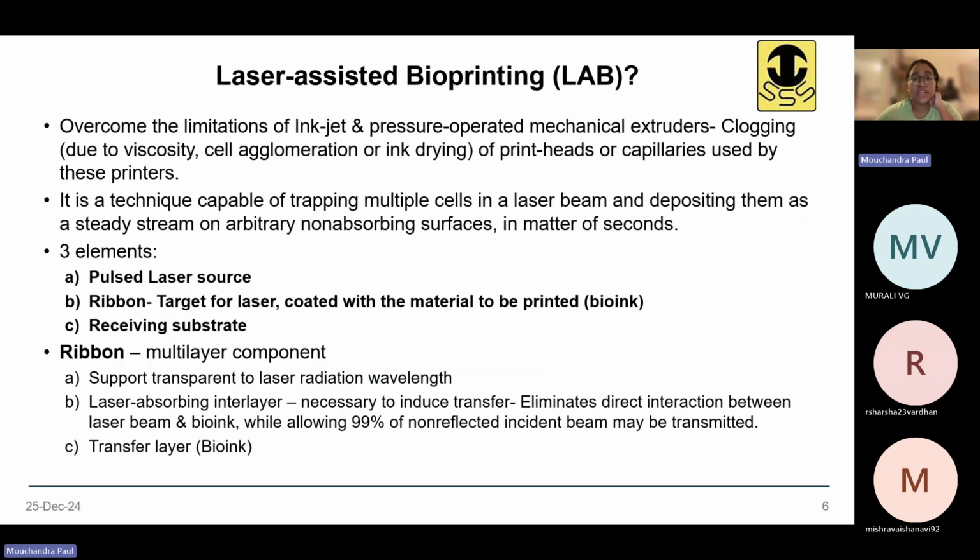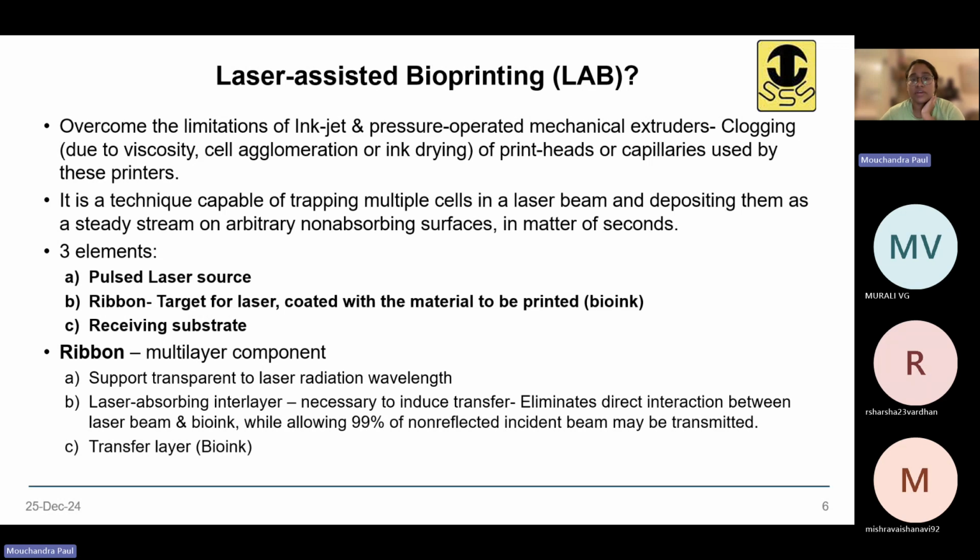So why do you want to use this technique first of all? How is it better than the existing ones that we already discussed, like the inkjet one and the extruders? First thing is, since there is no use of nozzles or needles, you avoid the issue of clogging.